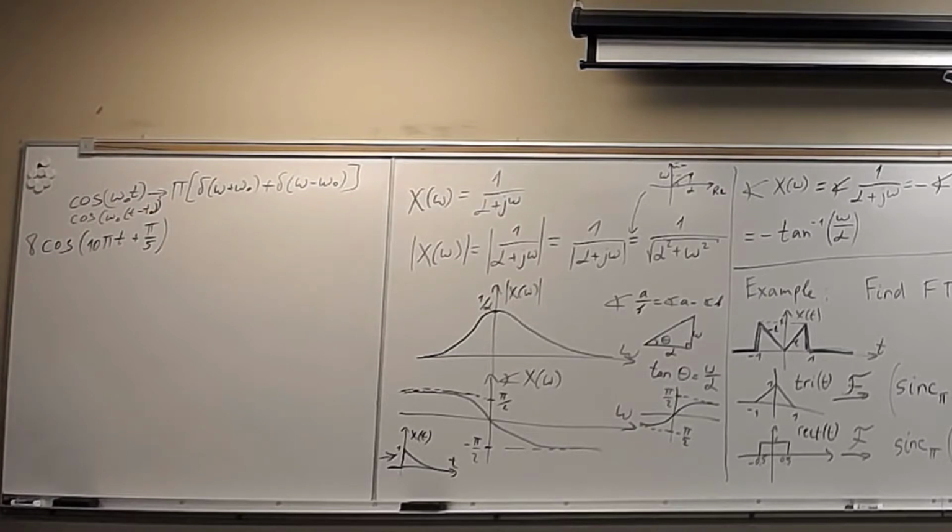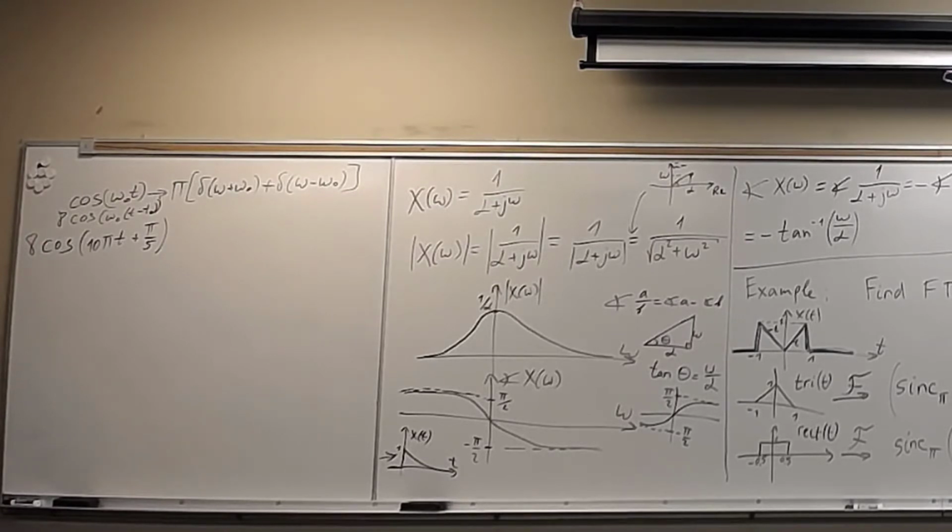How can you bring it to that kind of shape? You want to bring it to that form, something like 8 multiplied by something like that. How do you do it?